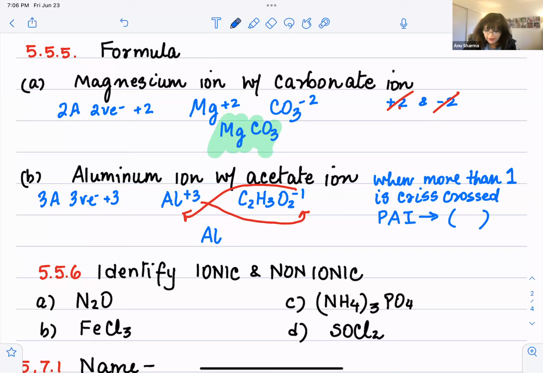So PAI, the polyatomic ion, acetate ion is a polyatomic ion. So now because you're bringing 3, this C2H3O2 is going to go in parentheses. Otherwise, you will be writing the number 23. That doesn't make sense. Remember, when you crisscross, 3 is coming to the base of the acetate ion, but acetate ion has to be first put in the bracket and you put the 3 outside. So this is very important. Okay. So this is the answer.